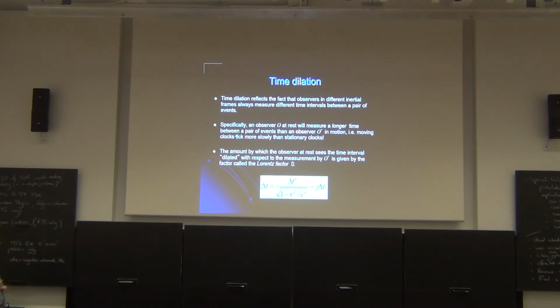And so in fact, the shorthand way of describing this is that moving clocks tick more slowly than clocks at rest. Okay, so moving clocks tick more slowly than clocks at rest.